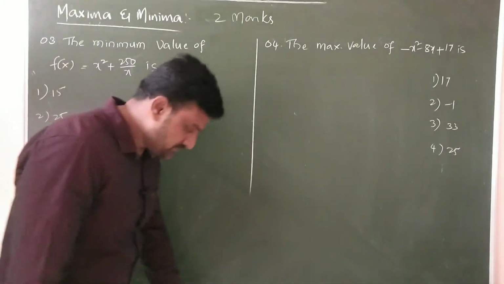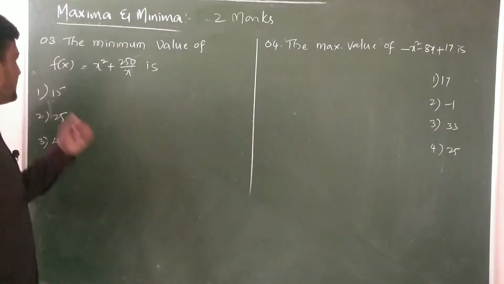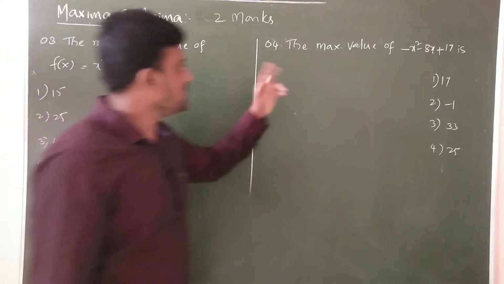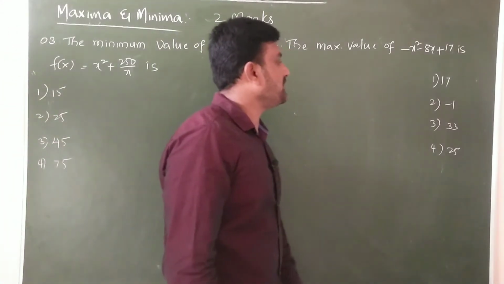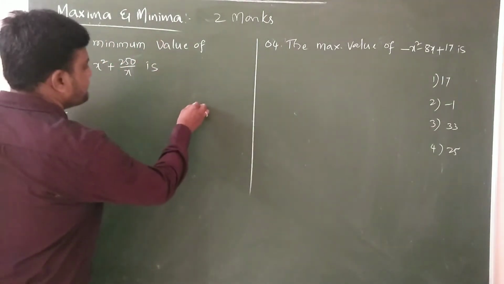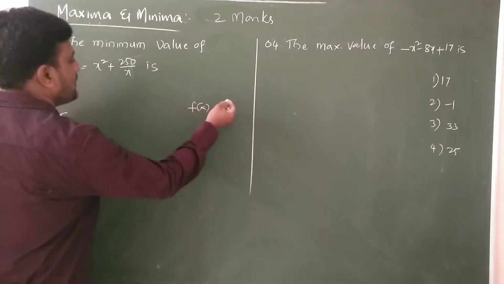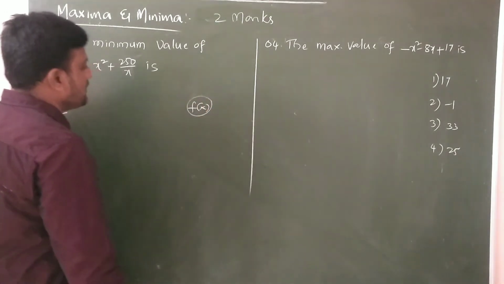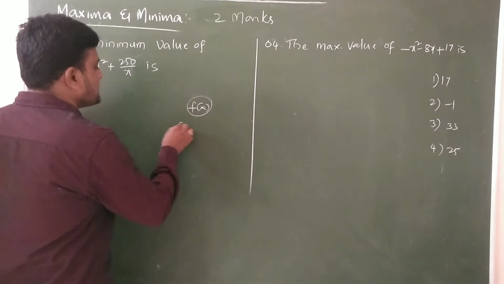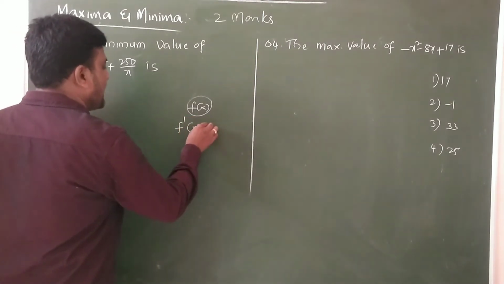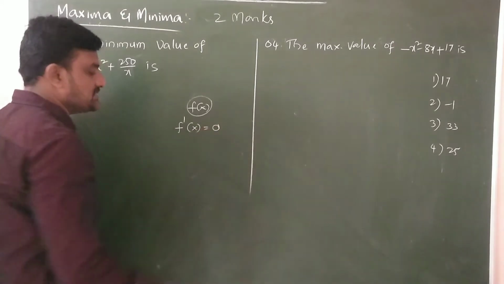Let us go with more problems. The minimum value of f of x and also the maximum value of f of x for a given function. First of all we need to know about the function. For stationary points we should find f dash of x and equate it to 0.